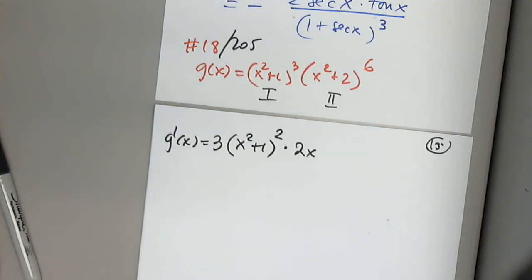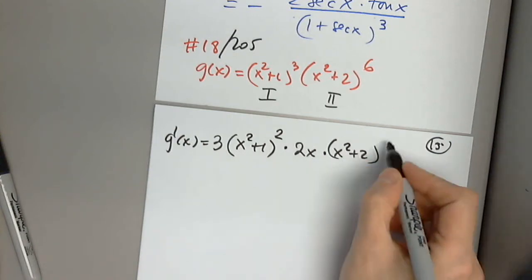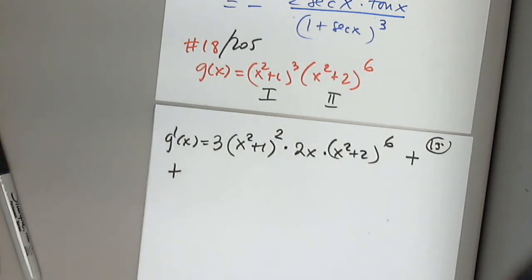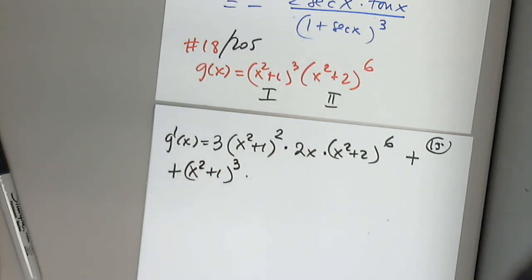Very good. So let's stop for a moment. All this is the first function prime. Excellent. Times the second function. X squared plus 2 to the sixth power. And now plus. I copy the first function, which is x squared plus 1 to the third. And now I reached the second function, but now I have to differentiate.